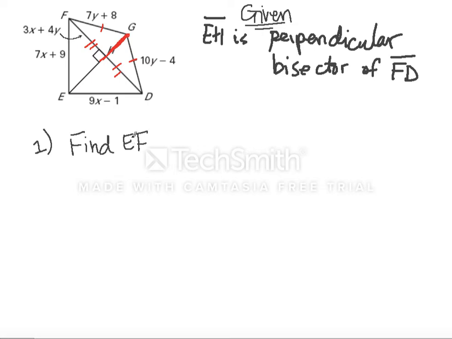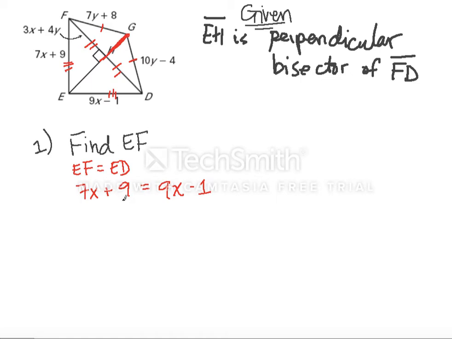And so from this point on, we can also say that for the similar reason, the line segment EF and the line segment ED are equal to each other. So it shouldn't be too difficult to solve. We know that EF is equal to ED, so 7x plus 9 is equal to 9x minus 1.